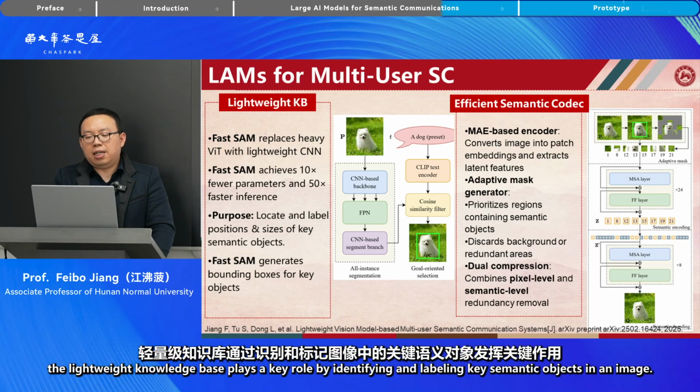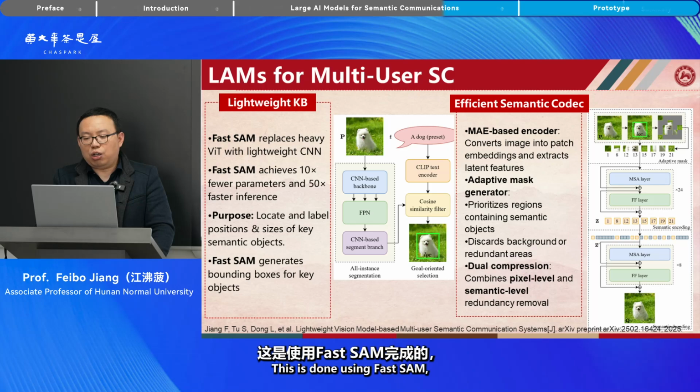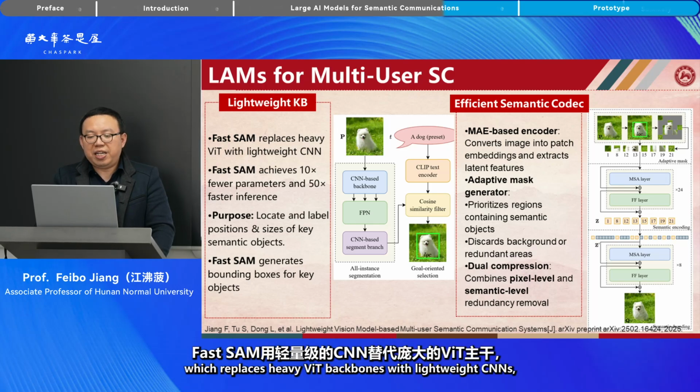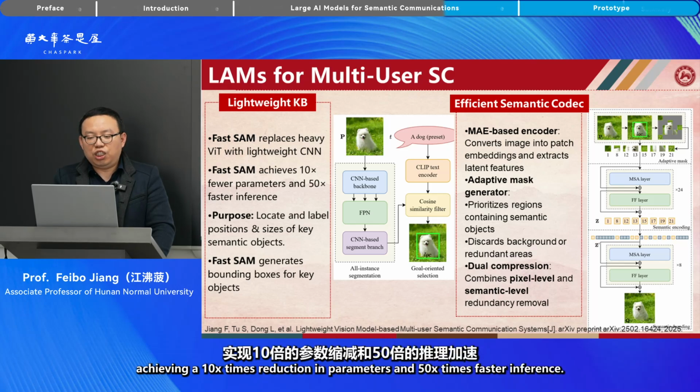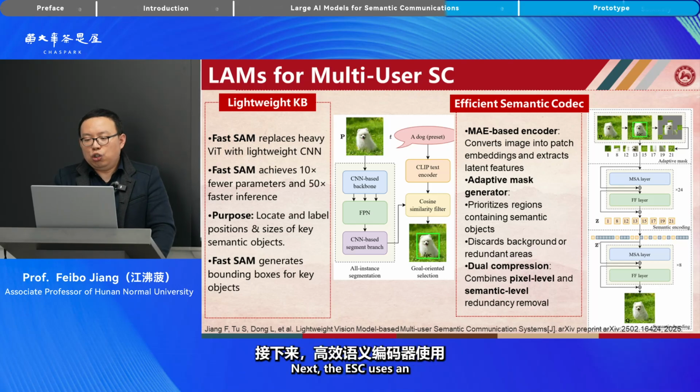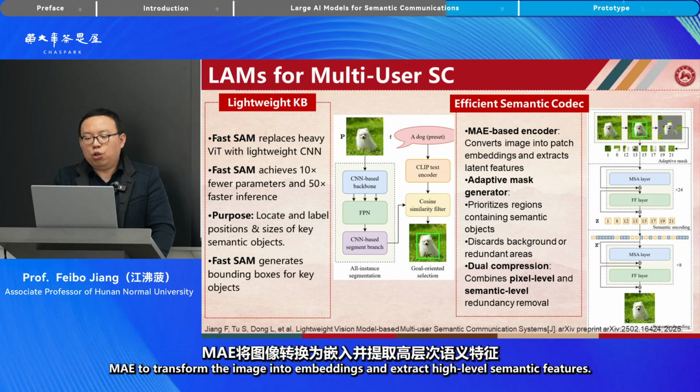In our system, the lightweight knowledge base plays a key role by identifying and labeling key semantic objects in an image. This is done using FastSem, which replaces heavy ViT backbones with lightweight CNNs, achieving a 10 times reduction in parameters and 15 times faster inference. Next, the ESC uses an MAE to transform the image into embeddings and extracts high-level semantic features.